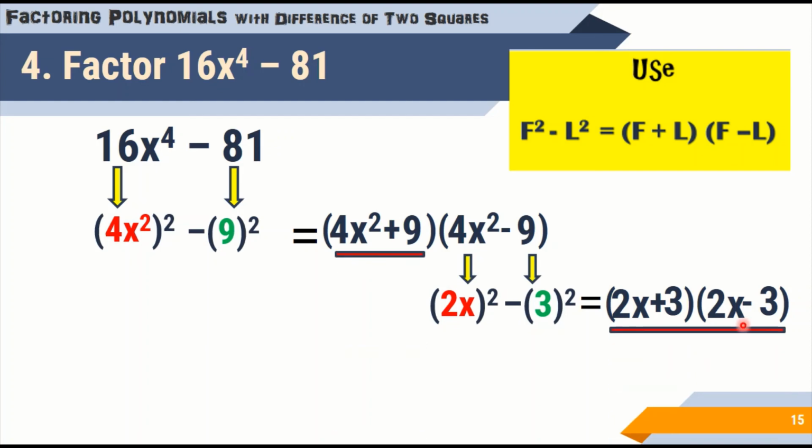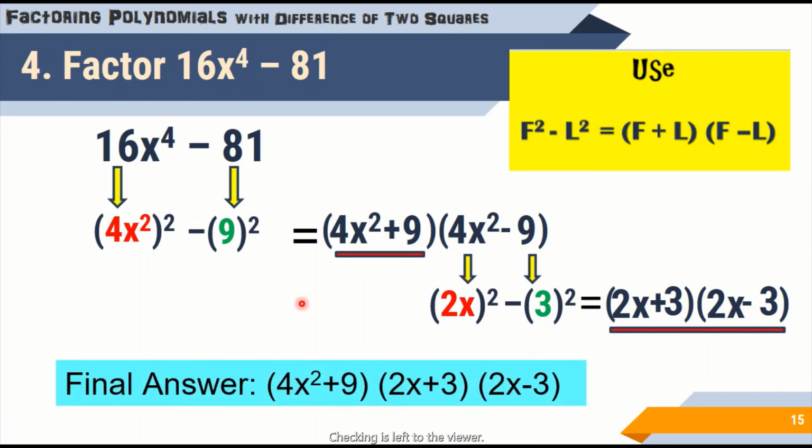So therefore, ang mga factors natin ay ito. The factors are 4x squared plus 9, which is ito yung naiwan, and then another, we have 2x plus 3 and 2x minus 3. Or quantity 4x squared plus 9 times the quantity of 2x plus 3 times the quantity of 2x minus 3.